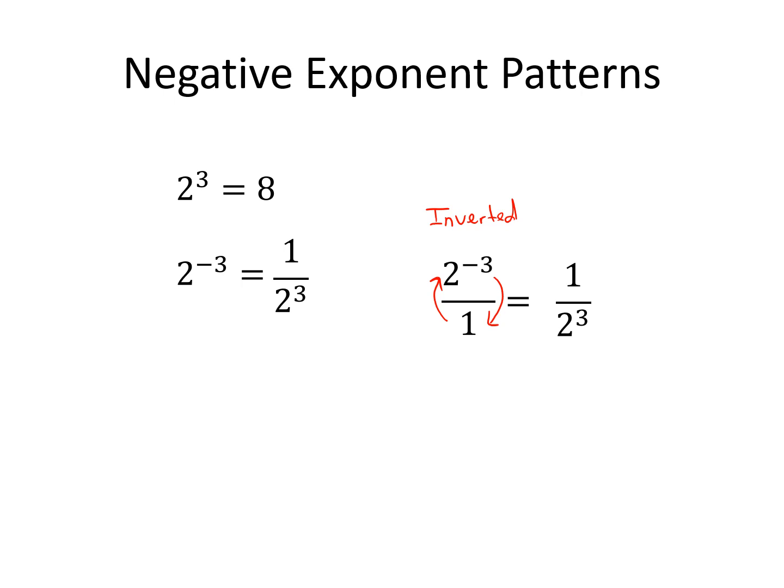As a fraction is inverted, the sign on the exponent is changing. And so we have this statement. Any base taken to any negative exponent, if you flip it over, the sign on the exponent changes.